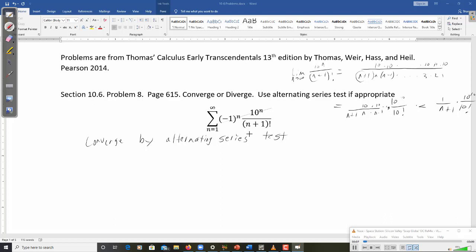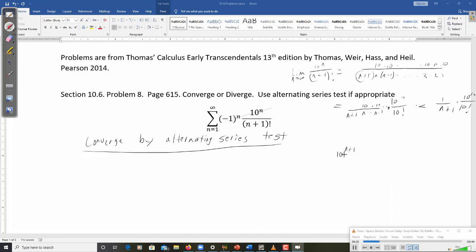It's often worthwhile to think about, would it converge if it wasn't alternating? And it's just a harder thing to do. I think I would probably do a ratio test on this to see if it would converge otherwise. If I did the ratio test, I could ignore this.